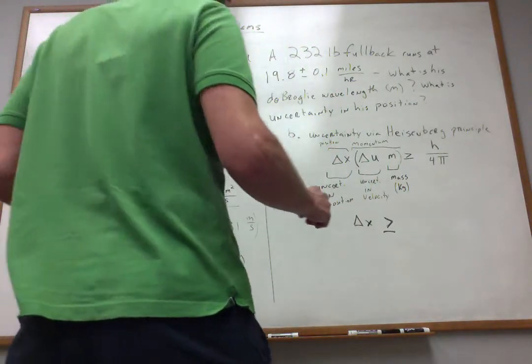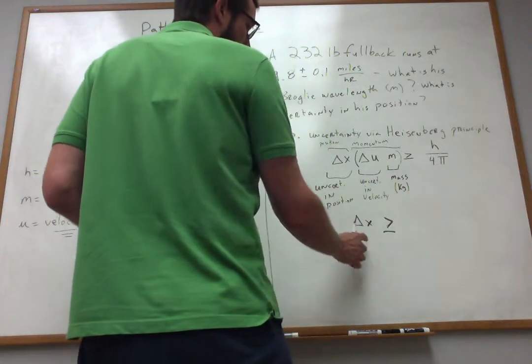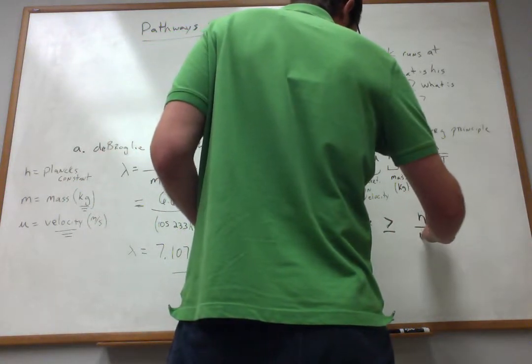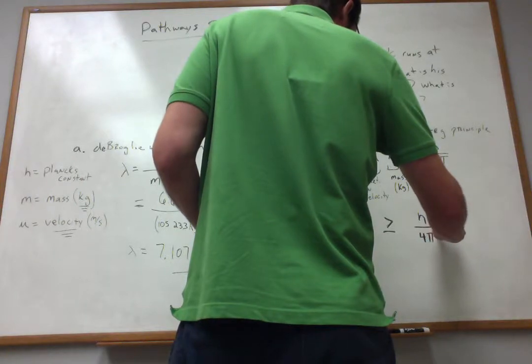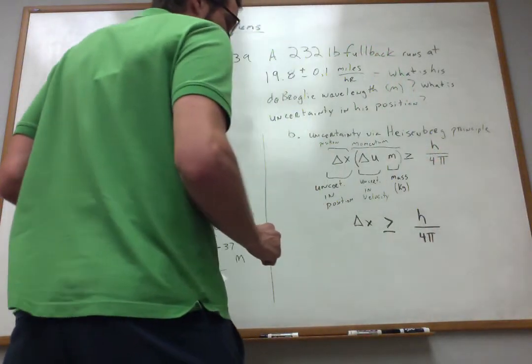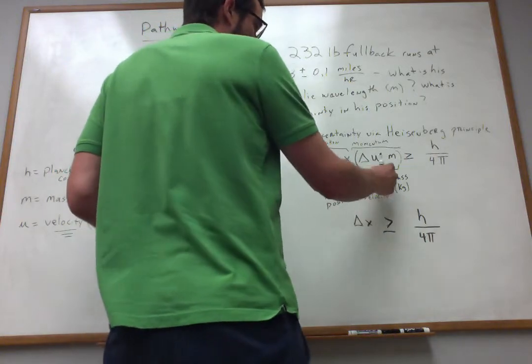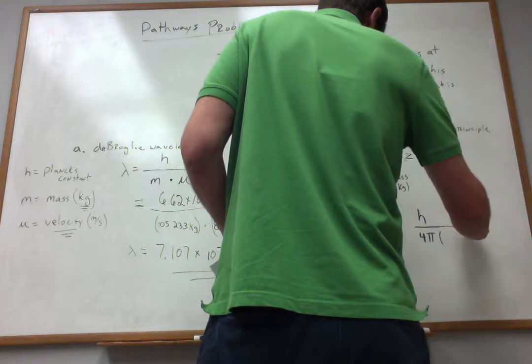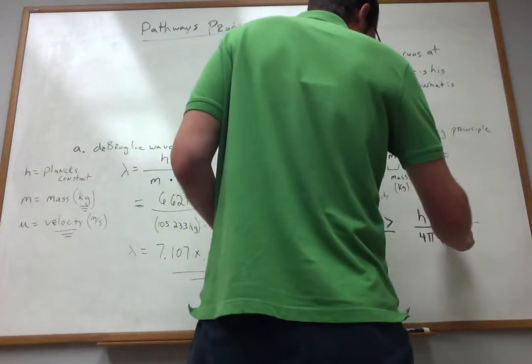Okay. Now, on the right of the inequality sign was originally the h over 4 pi, so I'm going to keep that there. And now what I'm going to do is divide both sides by this term, basically. So I divide it on the left, it goes away.